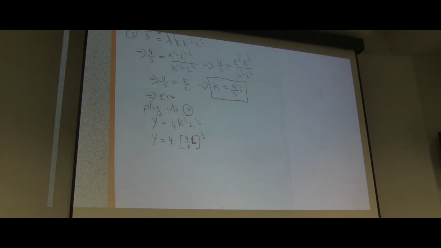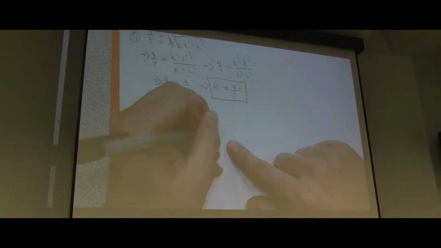Also, don't make the mistake of keeping the 4 over 3 out of the 1/2. So here it's to the power 1/2. K is 4/3L. That means that you're going to be square rooting 4/3. There's going to be a square root there, 4 divided by 3. So this is L times L to the 1/2.